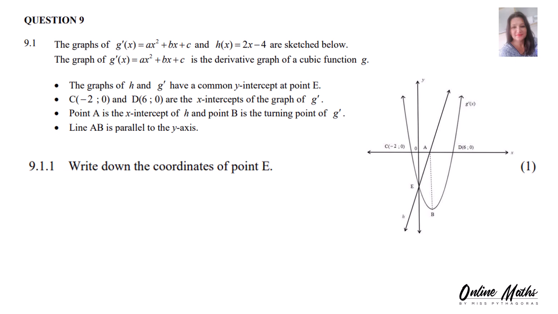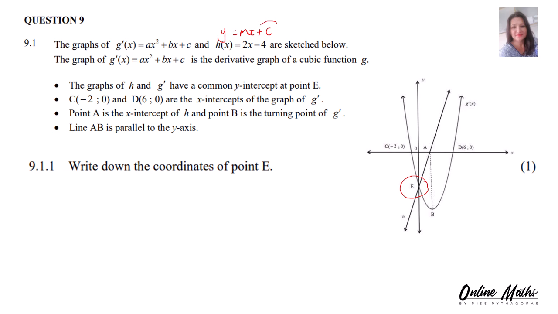So when you go to your graph, you will see, and they mentioned it, that E is the y-intercept of the straight line and the parabola. Unfortunately, we don't have the parabola's equation, but what we do have is h of x's equation, h of x equals 2x minus 4.